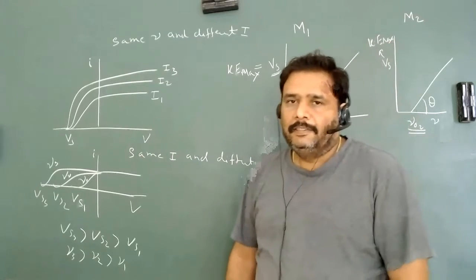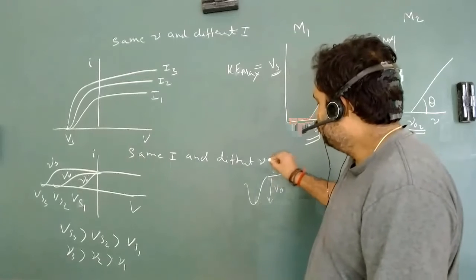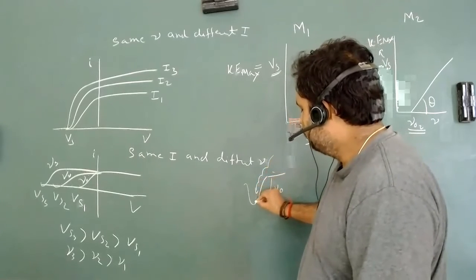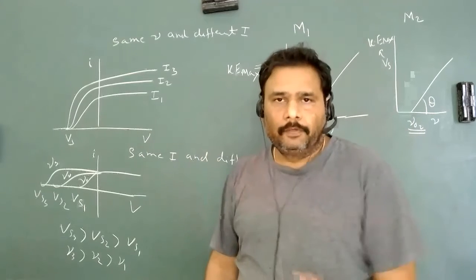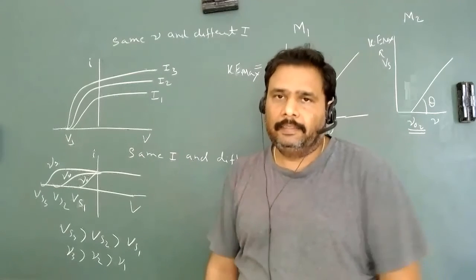Einstein said that when a photon comes to this particular electron, the electron will absorb the photon and get kinetic energy.